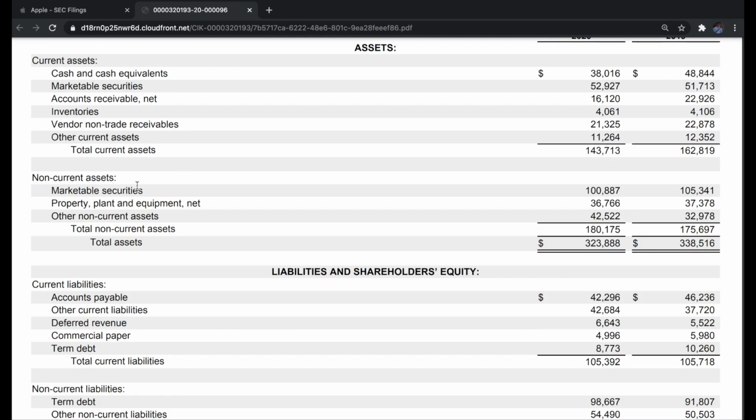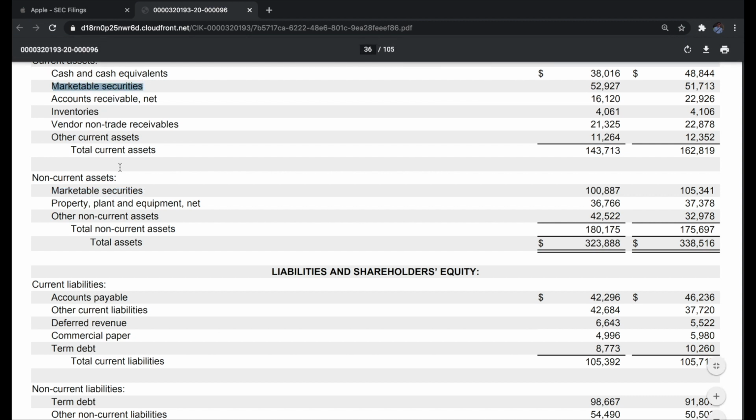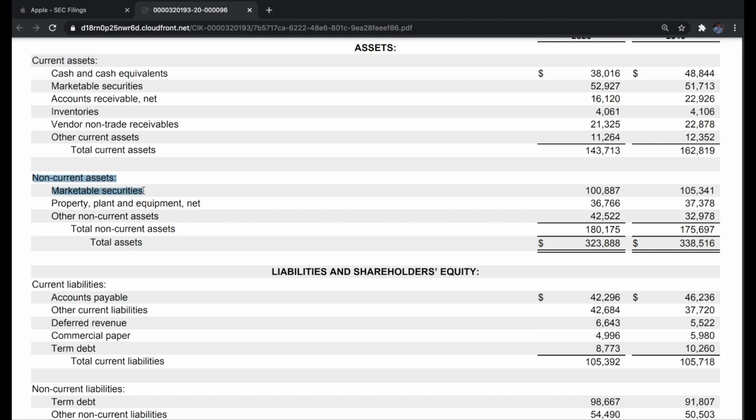So here we have another marketable securities, and the difference between the one up here and the one under non-current assets is that they're convertible to cash in more than 12 months. So for example, they could get some bonds which could have a duration of 5 years, 10 years, and something like that.